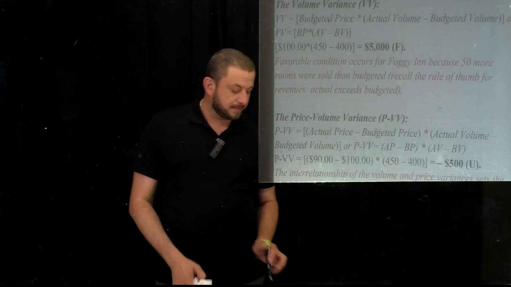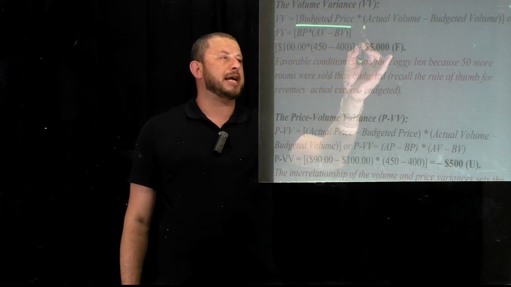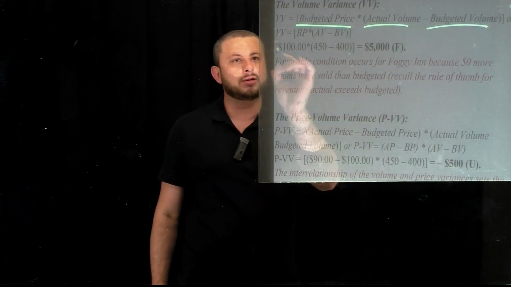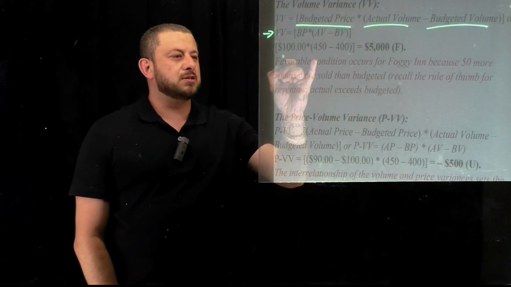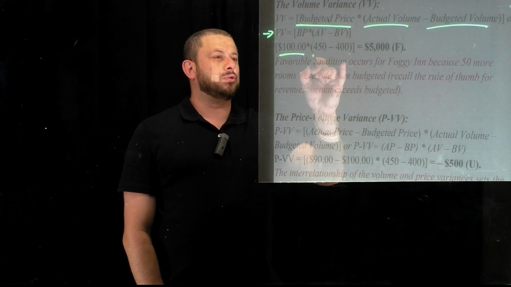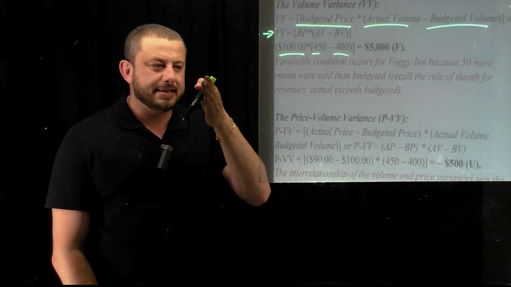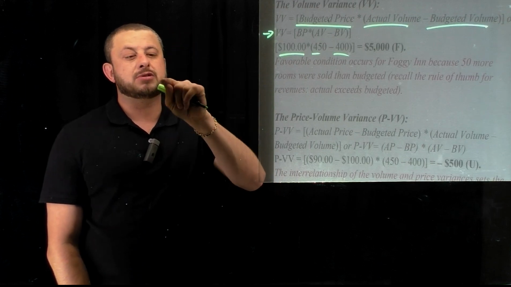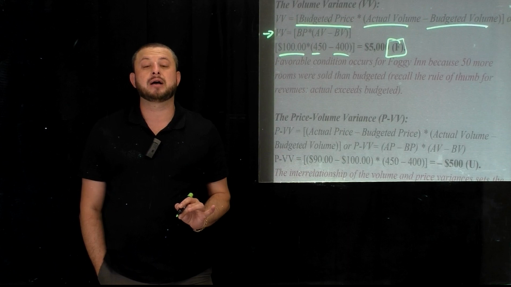Guys, VV is equal to the budgeted price multiplied by actual volume minus budget volume. You can use the short version over here. Budgeted price was the budget ADR, $100, actual volume 450, budget volume 400. Look, actual exceeds budget. If for revenues actual exceeds budget, it will produce favorable conditions.